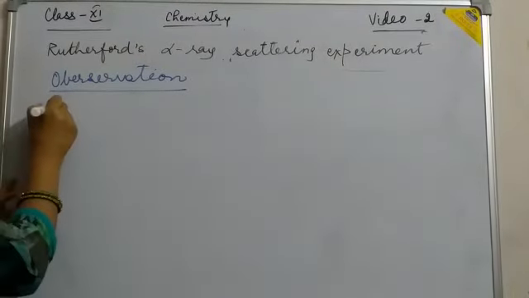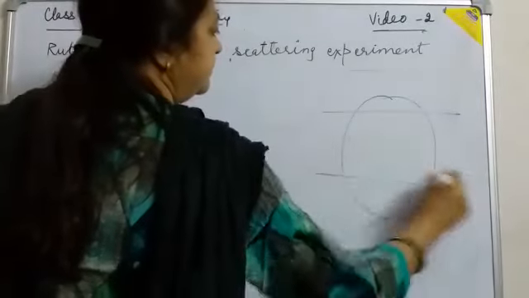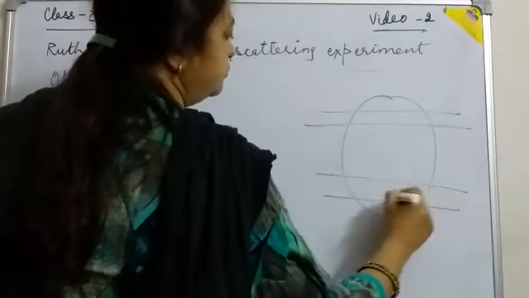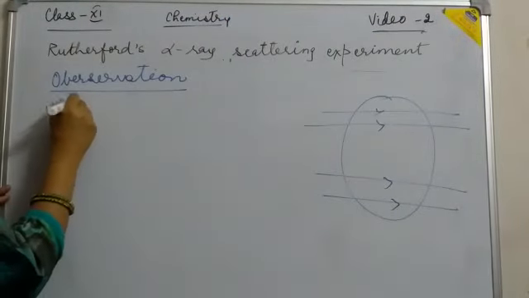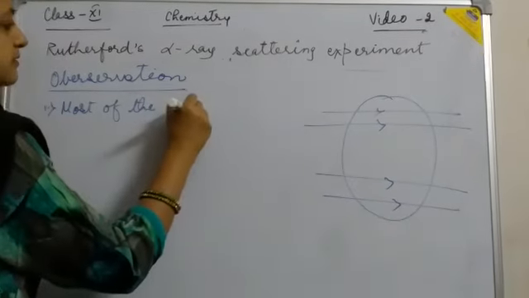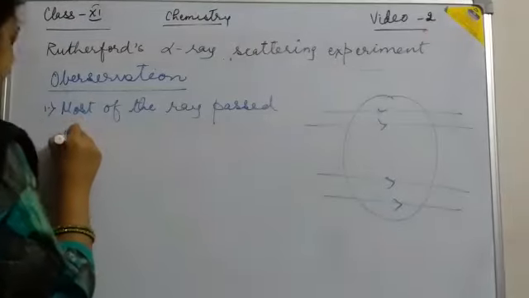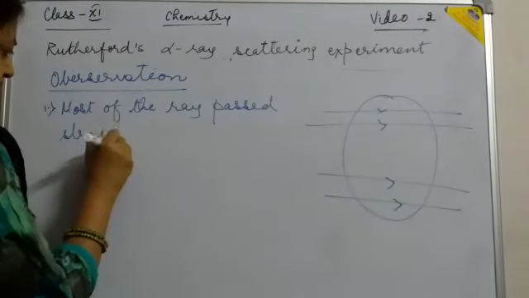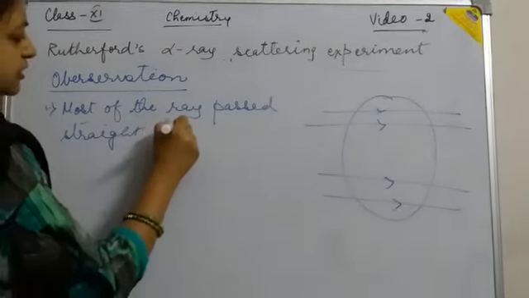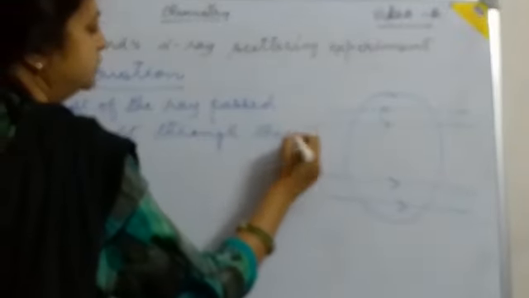First is, most of the rays passed straight through the gold foil.